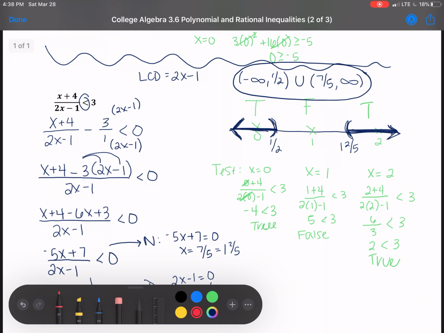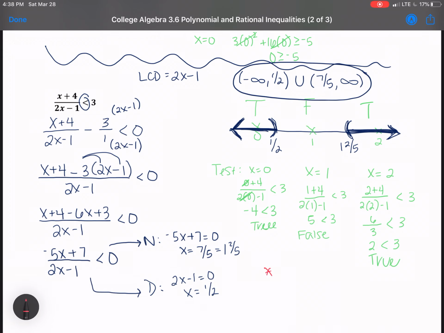One thing to remember, if this was less than or equal to, we would have a bracket. And when that happens, we have to be careful about our denominator.